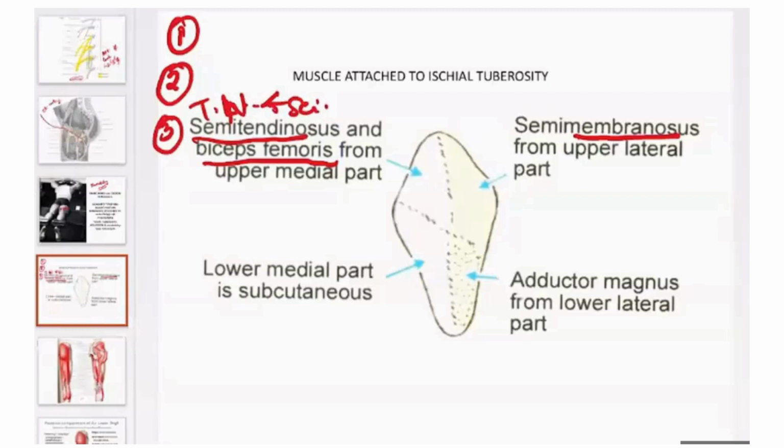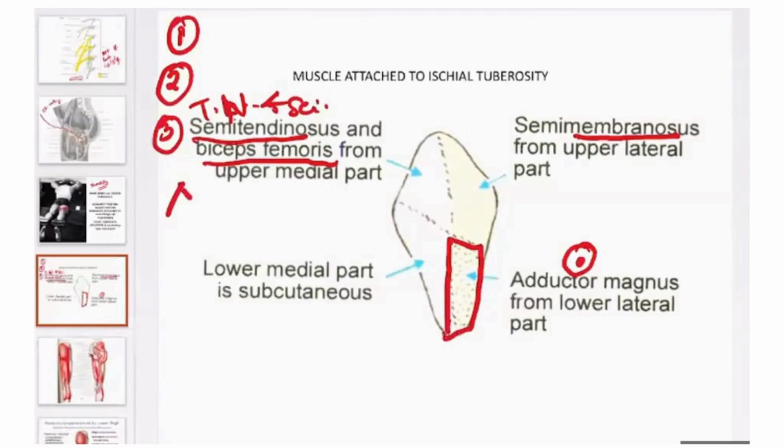Now I'm including adductor magnus, one head of the adductor magnus, as hamstring. But we discussed adductor magnus is a muscle of the medial compartment. But I am including this in hamstring. Why? It is because one head of the adductor magnus is taking origin from the lower part of the ischial tuberosity. So I am including it as hamstring.